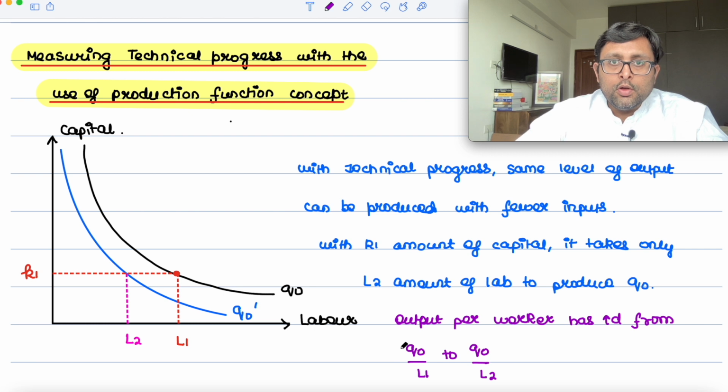That is true. So every unit of labor is now producing more output with technological progress. So here the numerator is same, but the denominator L2 is lesser. So Q naught upon L2 is more. So the productivity of labor is more.